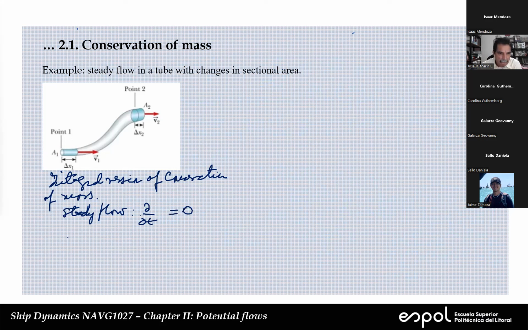So the integral of d rho d time plus nabla dot rho v dv is equal to 0. So this is going to be 0 because it's a steady problem. And this integral, we can put it back using the Green theorem.